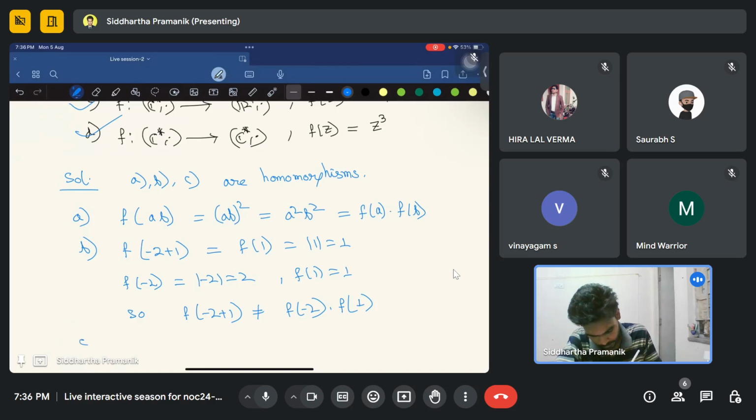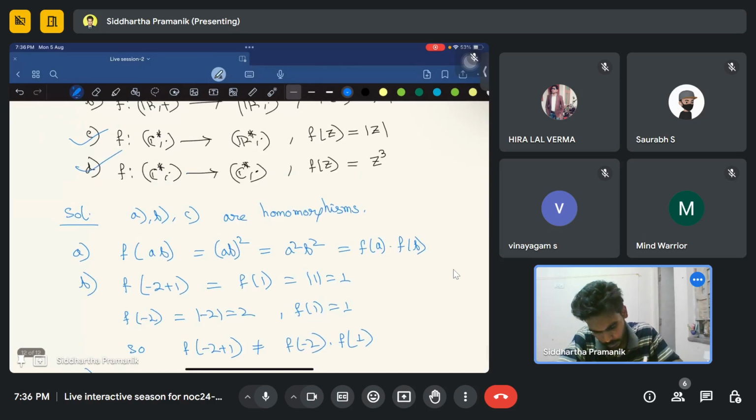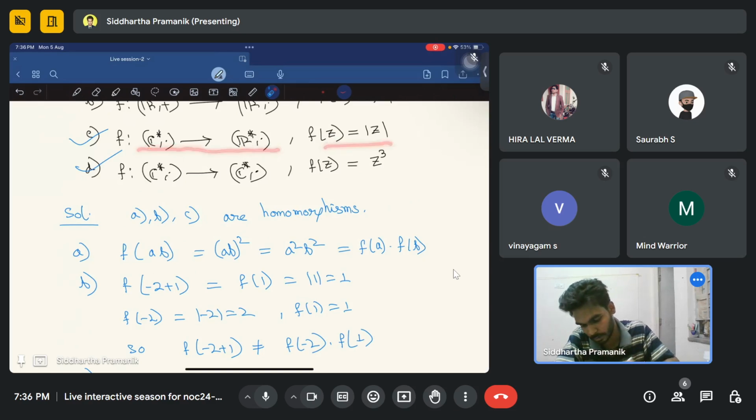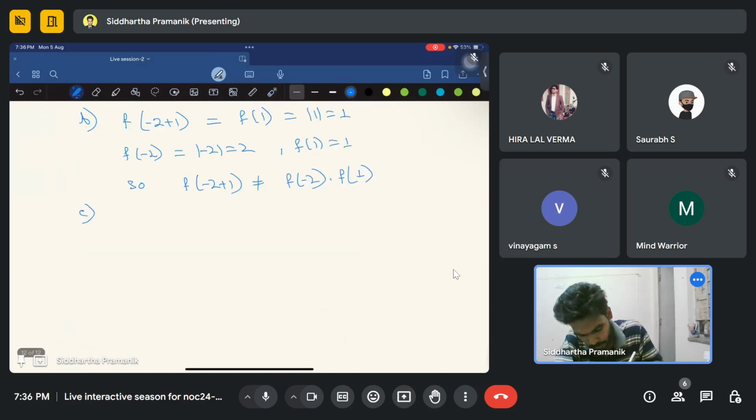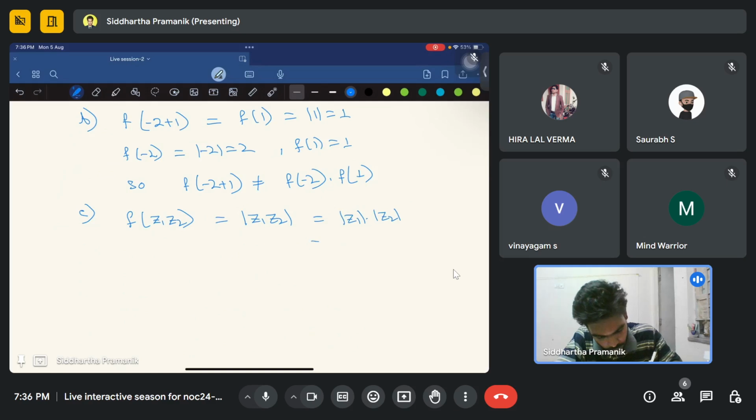So for C, what is C? C is C star to R star, z goes to mod z. So it will be a homomorphism. f of z1 times z2 equals mod z1 times mod z2, so f of z1 times f of z2. So this is a homomorphism.